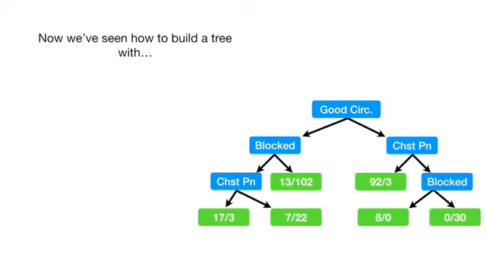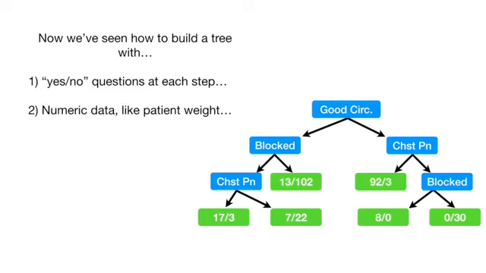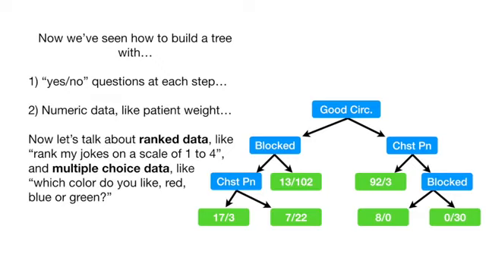Now we've seen how to build a tree with yes/no questions at each step and numeric data like patient weight. Now let's talk about ranked data, like rank my jokes on a scale of 1 to 4, and multiple choice data, like which color do you like, red, blue, or green?